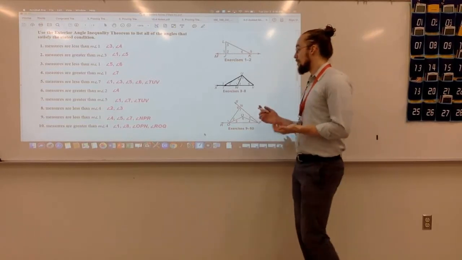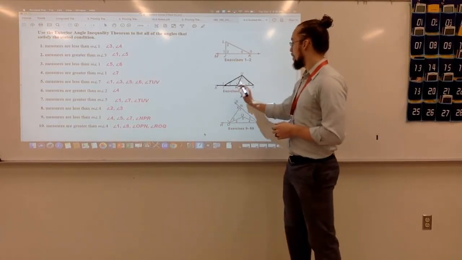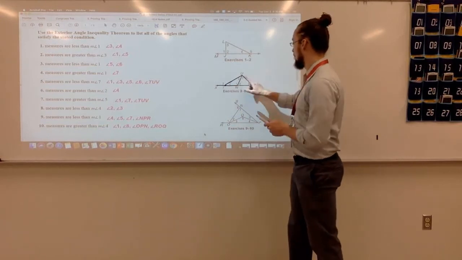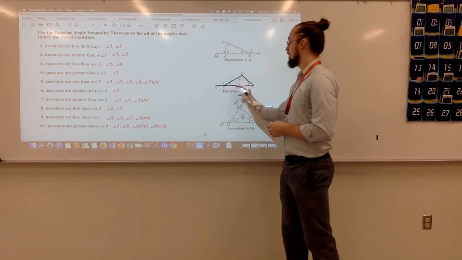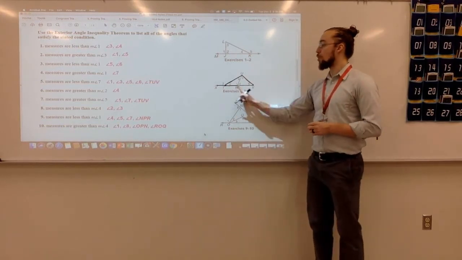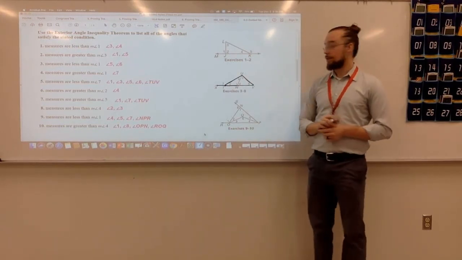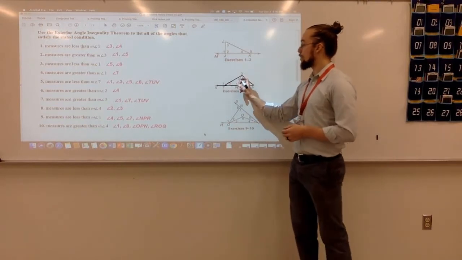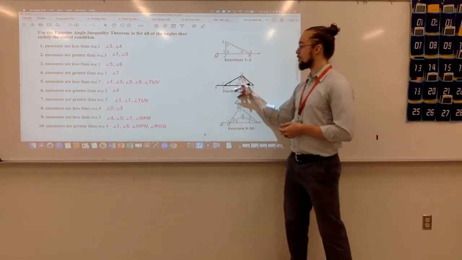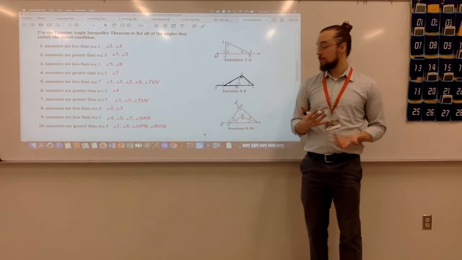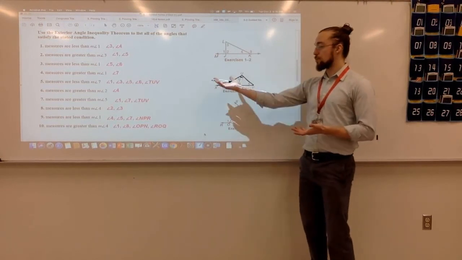Then they also are saying that angle 7 is exterior to this whole triangle. So angle 7 would also have to be greater than this entire angle, which is 3 and 5 put together, which they just call angle TUV, and then angle 6 as well, but we already listed that one.